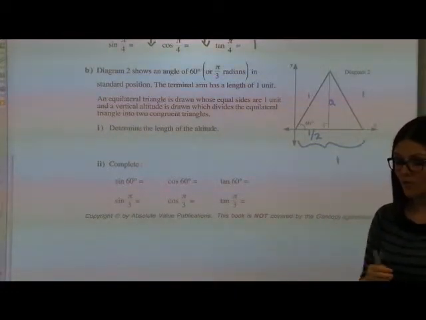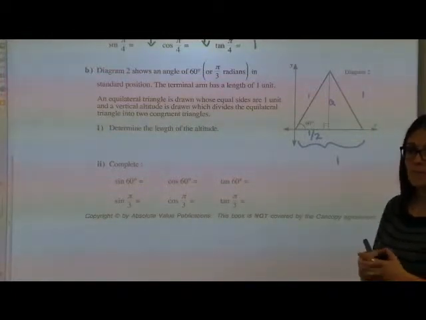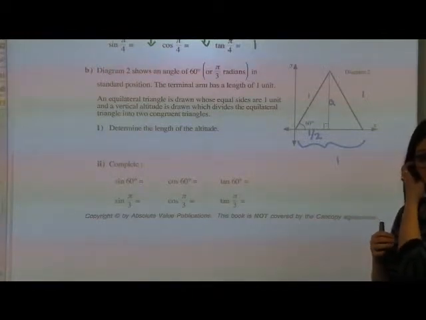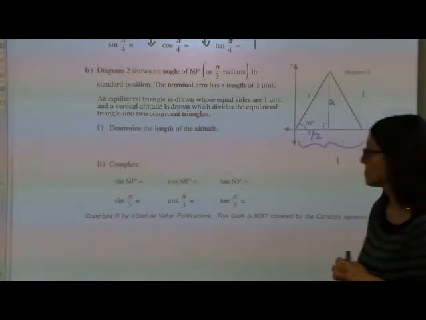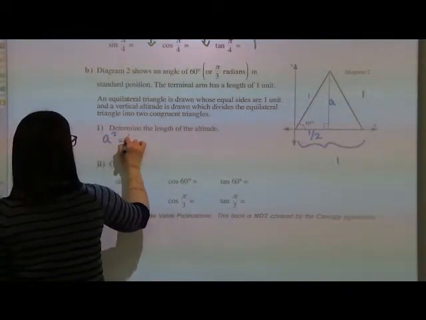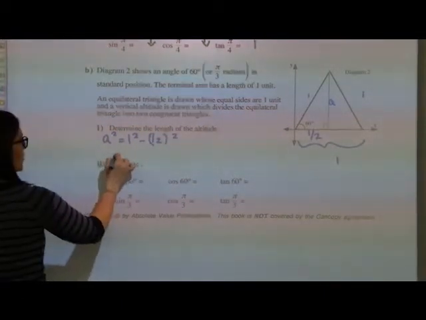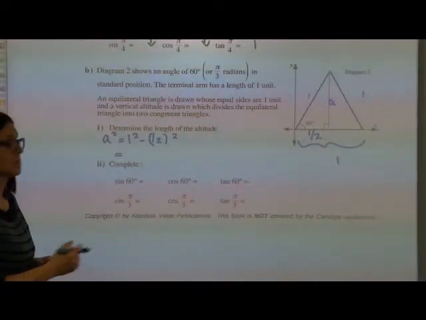So how would I figure out the altitude? Pythagoras theorem. So how would I use Pythagoras theorem to determine this? 1 squared minus 1/2 squared equals A squared. So what is 1 squared? 1. Okay.